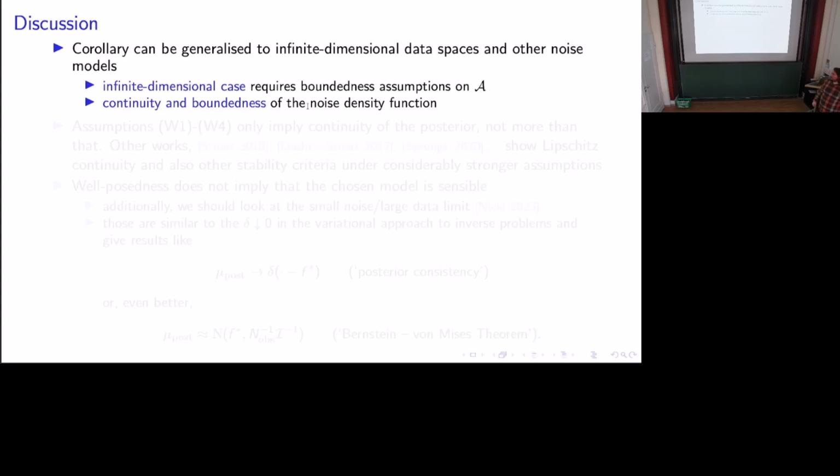It looks a bit different. So that's annoying. But you still get continuity of the noise density function, so that's still fine. If you have other noise models, then you need those two: continuity in Y and boundedness. But that's usually fine.